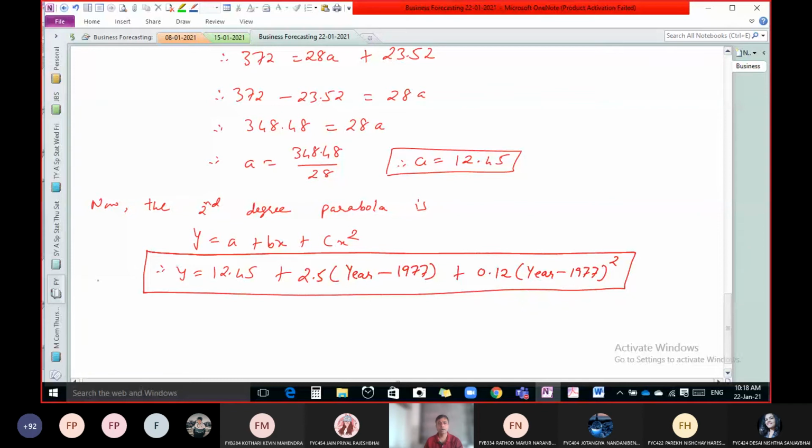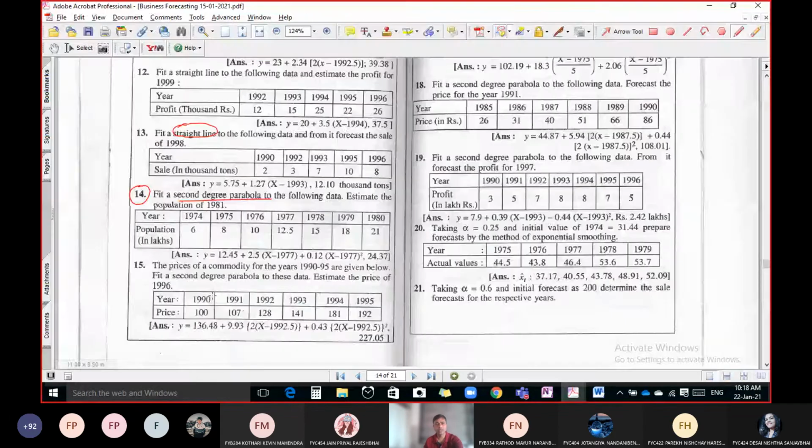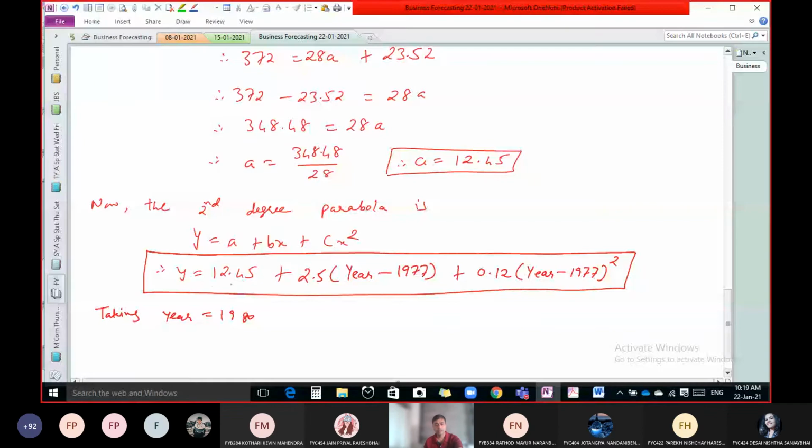Okay, now in this question it is given that find out the value of y for the year 1980. So see the question. Sorry, not 80, 81. So here we have to consider year equal to 1981. Let us check the answer first of all.